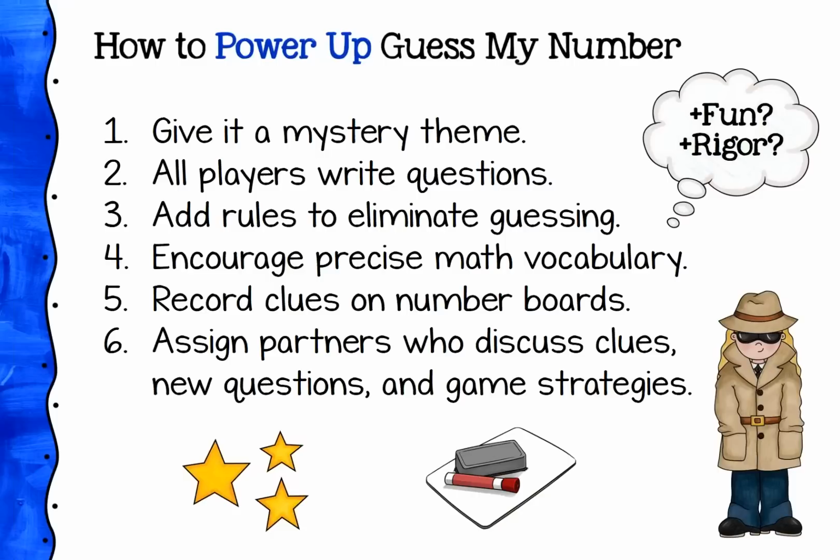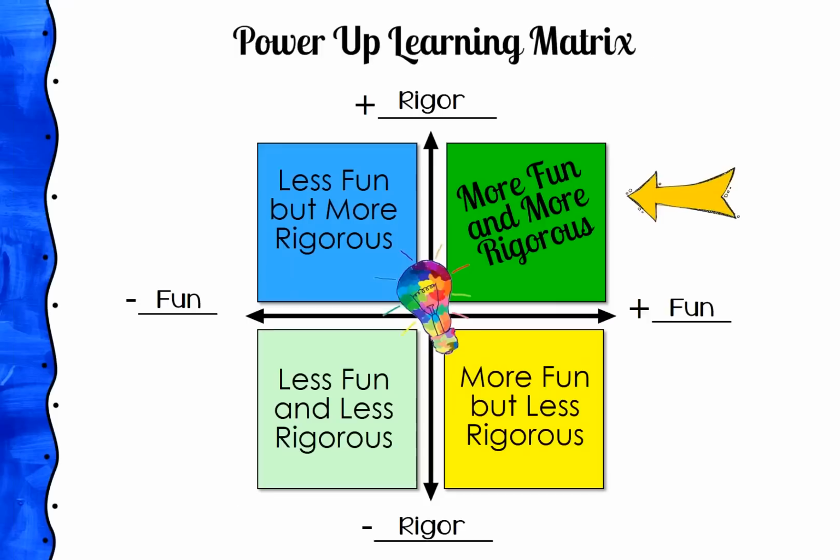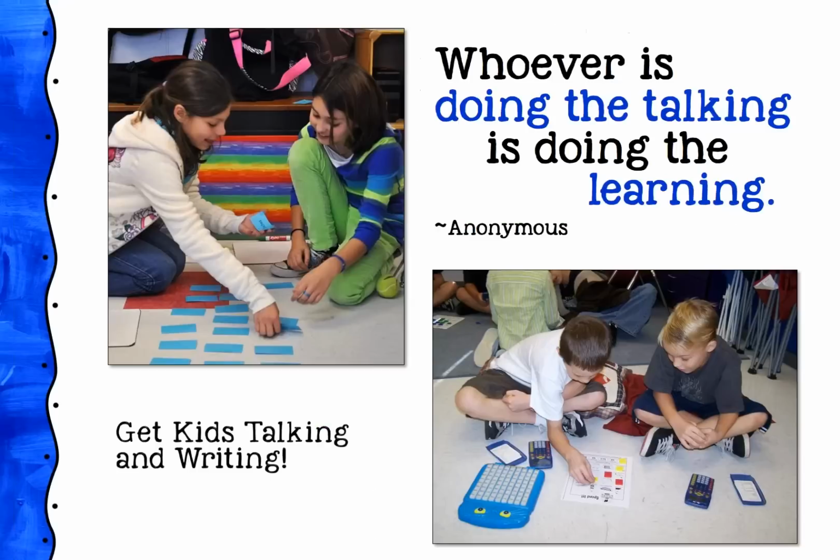Adding some rules can make it more challenging. Always getting kids to use higher levels of vocabulary can help. Partners and cooperative learning, if done well, can help too. I want these to be broad principles you can apply to lots of things. And one more time, the Power Up Learning Matrix is how it pulls all together.